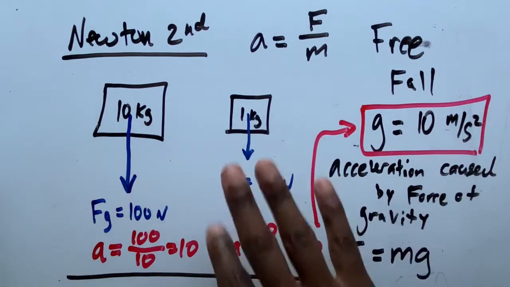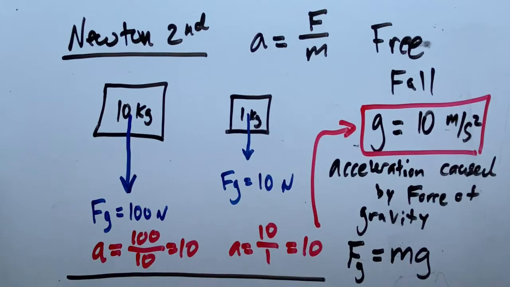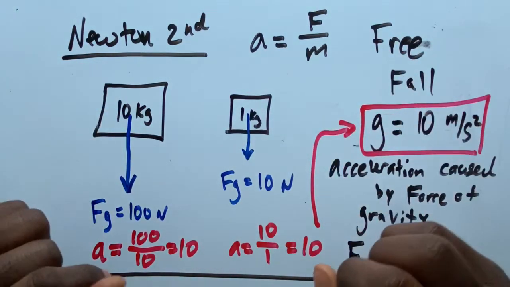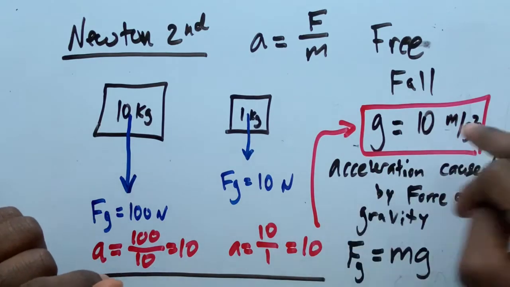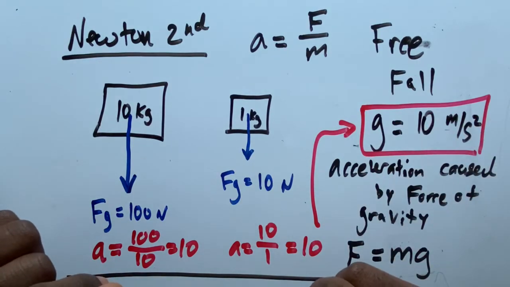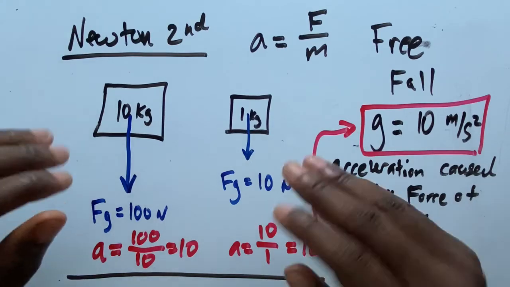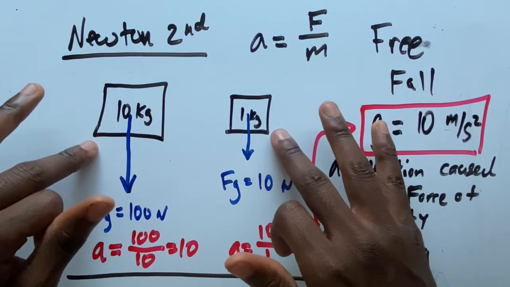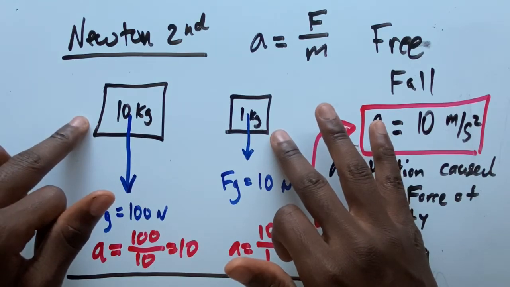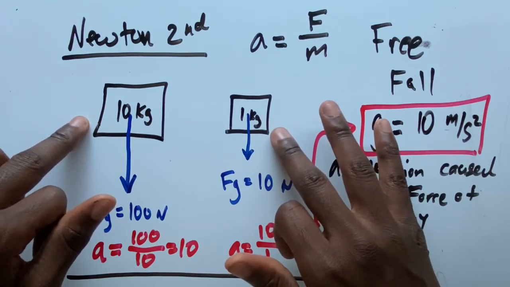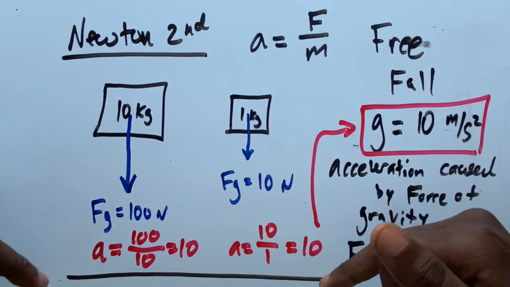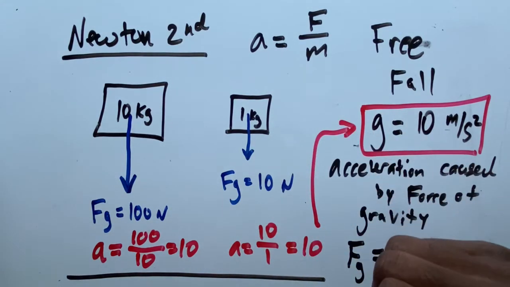And so that just proves that objects of different masses will always fall with the same acceleration. I could have done this with any numbers for the masses. This could have been 100 kilograms. This could have been 0.0001 kilogram. The acceleration still would have been the same for both of them.